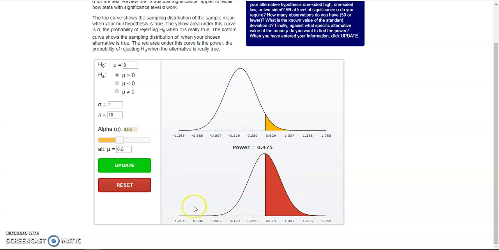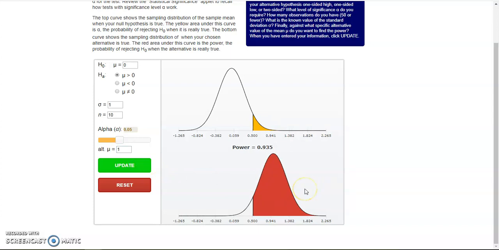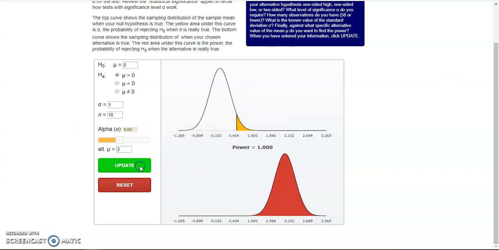Now our power increased. If you have a bigger difference between the two means, let's say we make it 1, your power is going to increase. That kind of makes sense. If the difference between the null and the alternative is truly large, then it's more likely that you're going to get an extreme test statistic and a small p-value. We can make it even bigger.